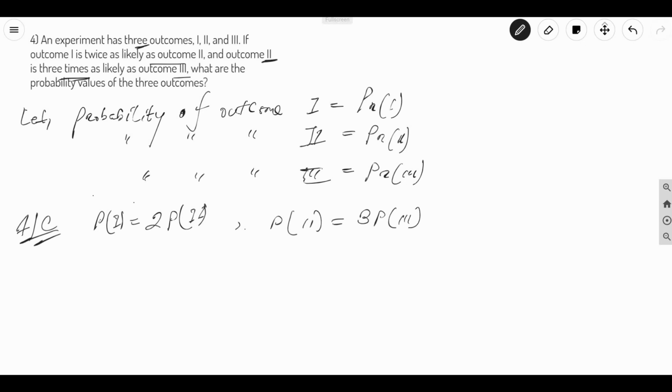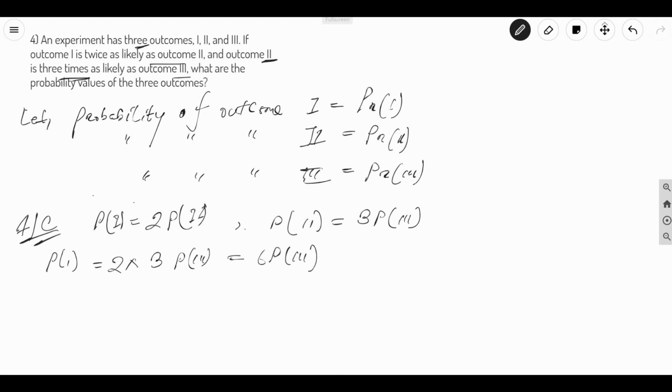Outcome 2 is 3 times as likely as outcome 3. So we have the two equations here which we can use to determine the probability of the individual ones. So here we can write that probability of 1 is equal to 2 into 3 times probability of 3. So we have 6 into probability of 3 here.